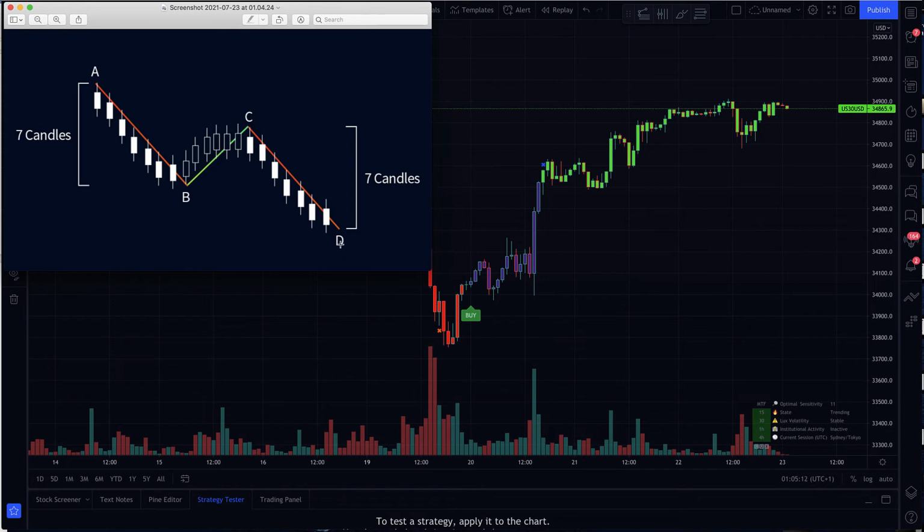And once D happens, we will be looking for a reversal back up. We also have many examples of this taking place in Dow Jones. I did check other indexes, and trust me, Dow Jones is the best for this particular pattern.